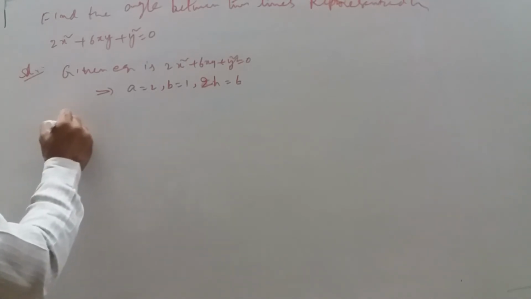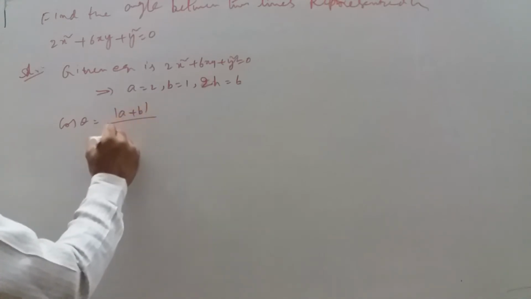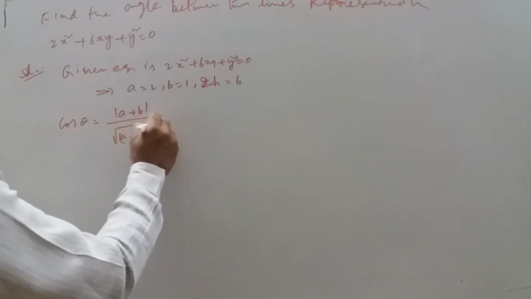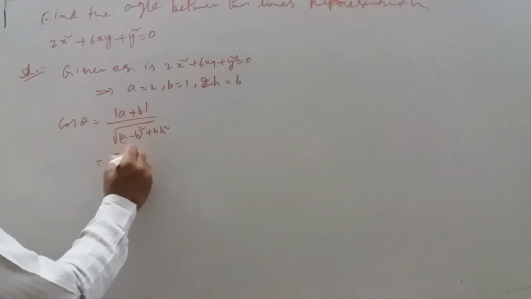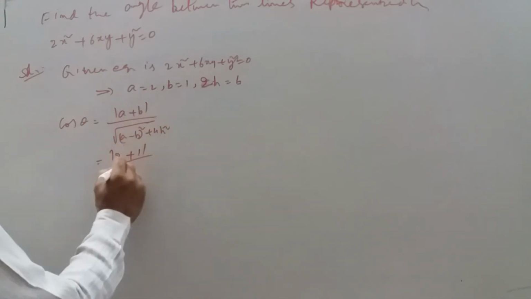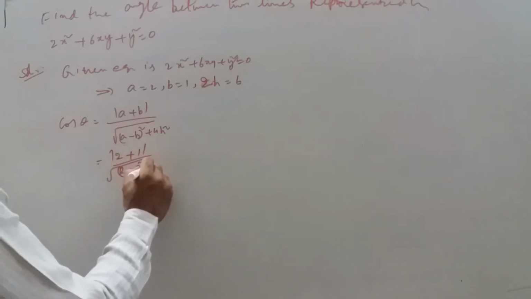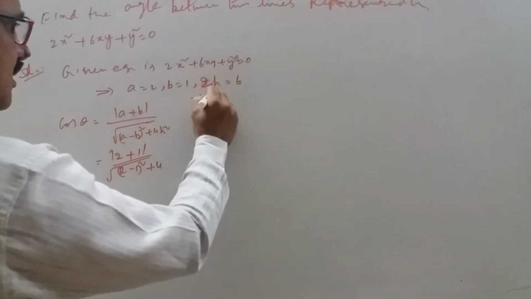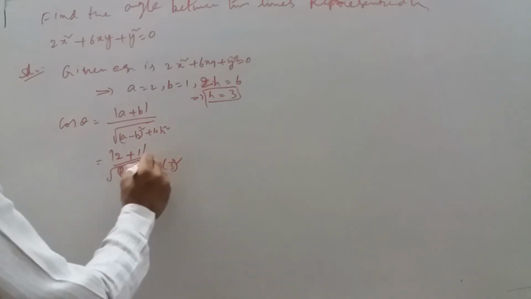So take cos theta equals mod of a plus b by root of (a minus b) whole square plus 4h square. By substituting the values, a is 2 plus b is 1, mod of that by root of (2 minus 1) whole square plus 4h square. What is h? That implies h is equal to 3. So 4 into 3 square.